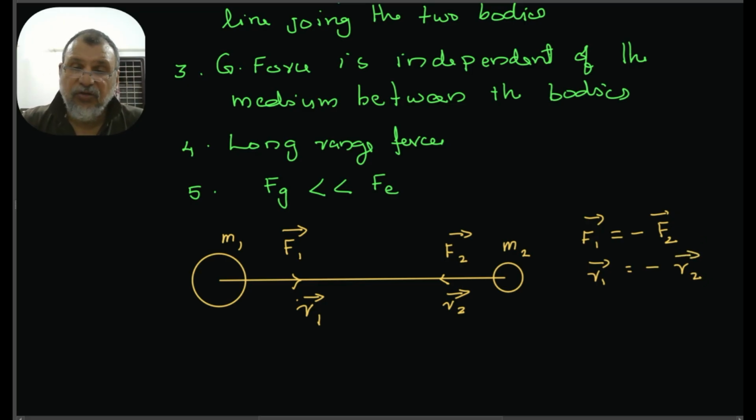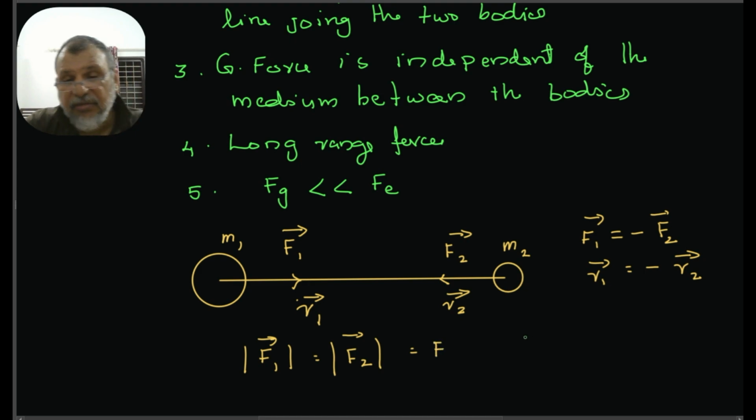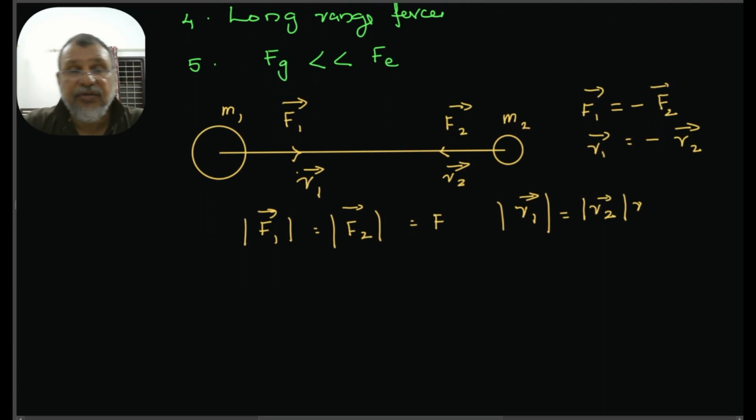So you can write the magnitude of both these quantities like this. The magnitude of vector f1 is equal to the magnitude of vector f2; let's write it as f. Similarly, the magnitude of vector r1 is equal to the magnitude of vector r2, as we can see from the figure itself. Let's write it as r. Then we may write the whole equation with the directions represented by the sign.